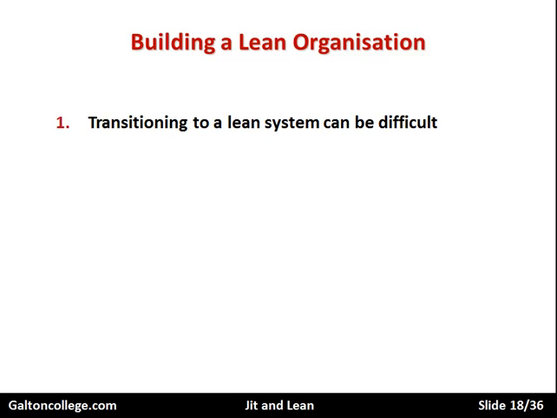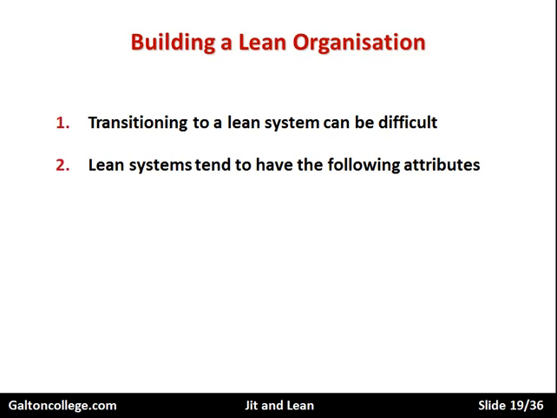But also changing the psychology of the workers, changing the culture of the business so that it is more lean orientated. That can be a problem. Moving the employees, and the line managers, to this idea of focusing on customer requirements and producing efficiently with the customer in mind.